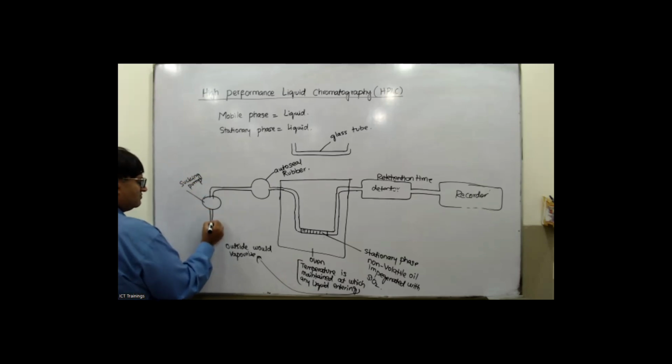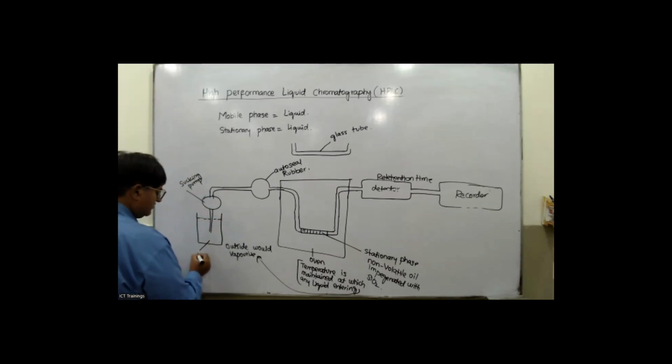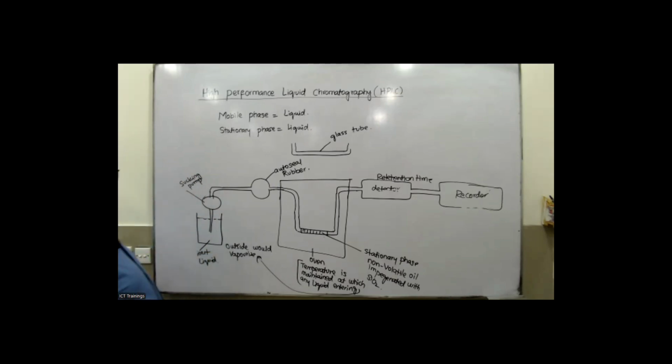So this sucking pump is dipped into a liquid, and this liquid up here is the inert liquid. The inert liquid we normally use is CCl4, tetrachloromethane. Tetrachloromethane does not react with anything. Okay. So this is the inert liquid up here.